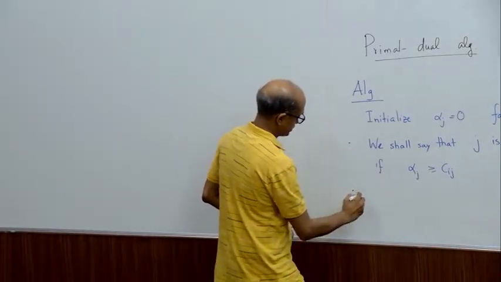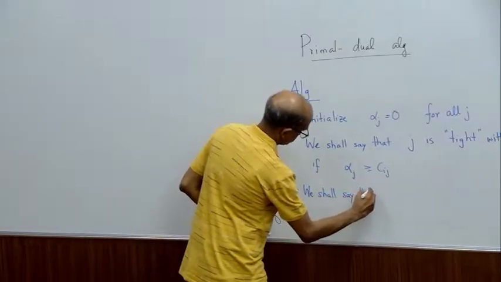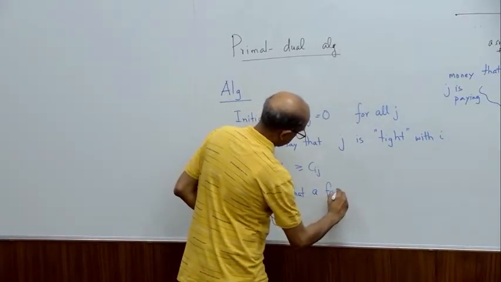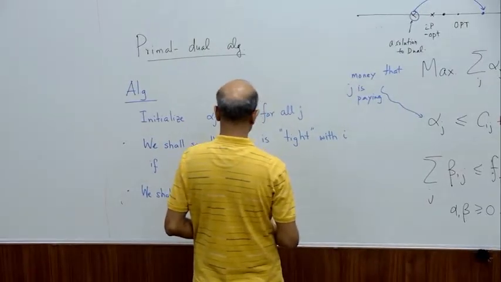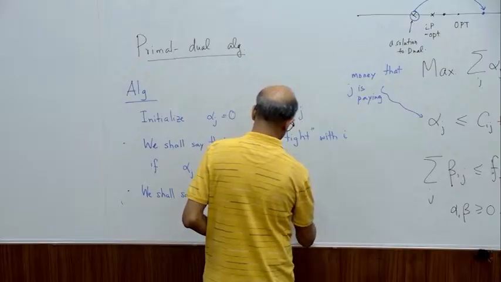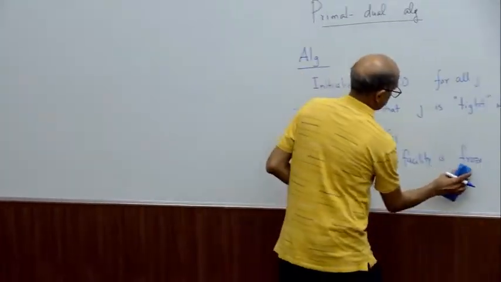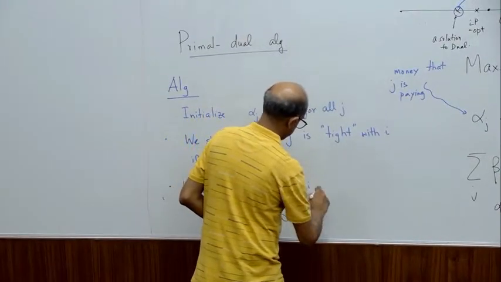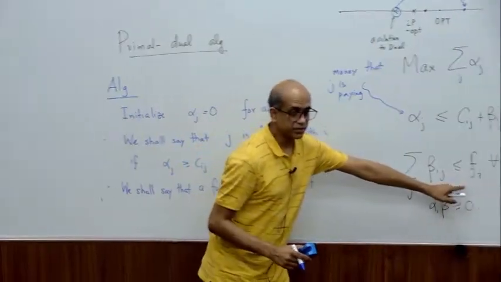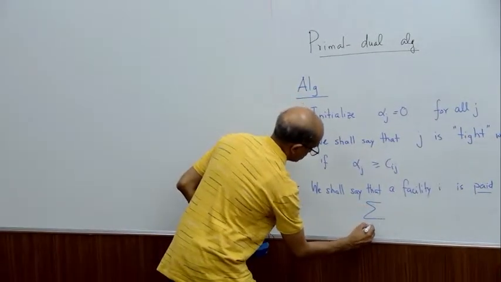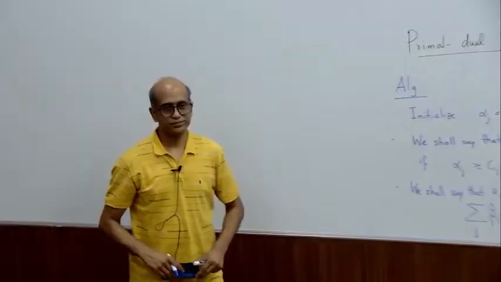The other notation is that we shall say that facility I is paid, if you have equality here, if the summation over j, how much everybody has contributed to it, has reached the facility cost.